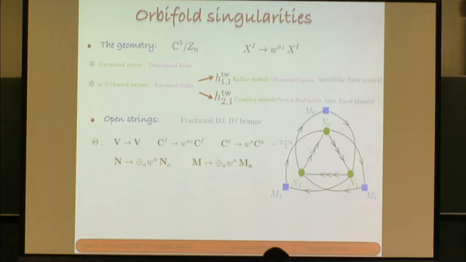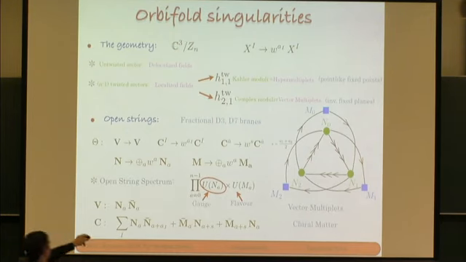Now, take the spectrum of flat space that I displayed in the last transparency, and just keep the invariant components. For example, for a vector, you should compensate. If this transforms like omega to the A, you should compensate with the conjugate, which transforms like omega to the minus A, and this is invariant.